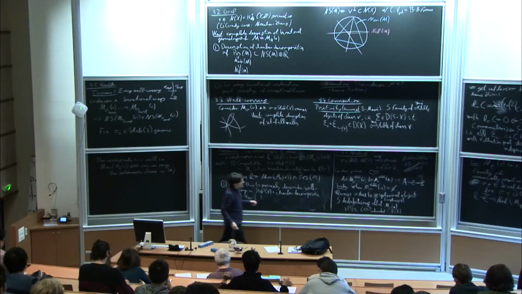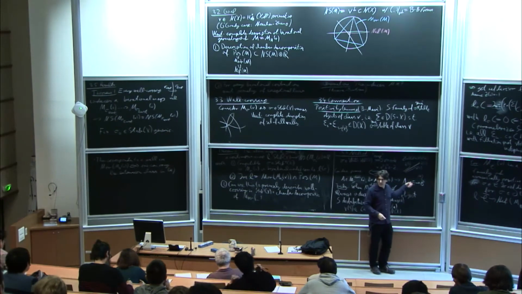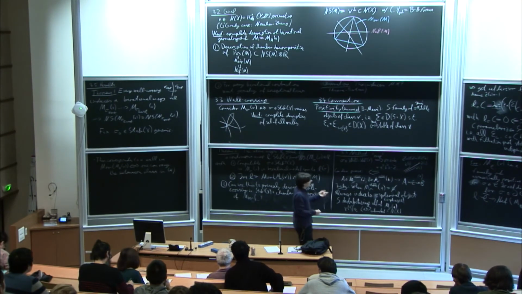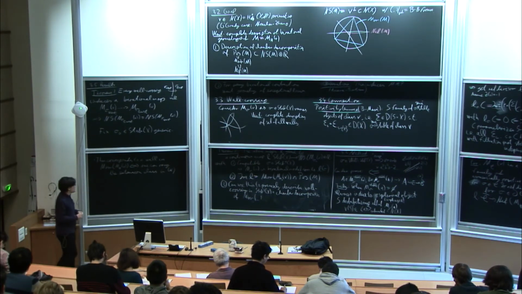If I can vary this extension class, then I have a family of semi-stable objects that become S-equivalent along this wall, and so I have rational curves that get contracted by this divisor.